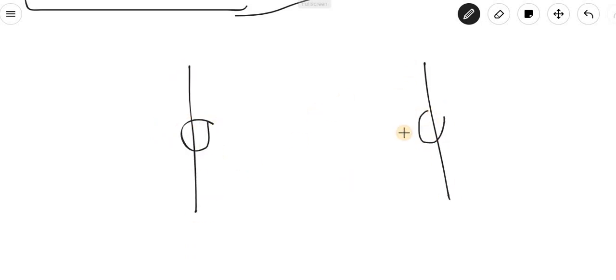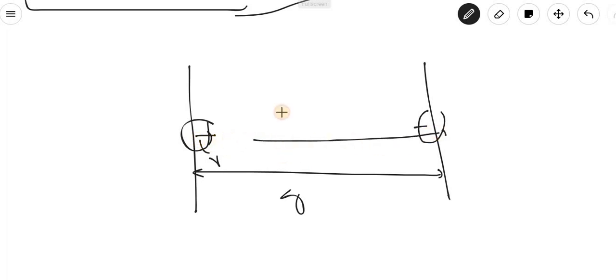Any point is there, from one conductor to that point and the other conductor. The radius of this conductor is r, radius of this conductor is r, and spacing between them we have considered g. Any point we consider as point p, so from this conductor to this point the distance is y, and from the other to this point is g minus y.